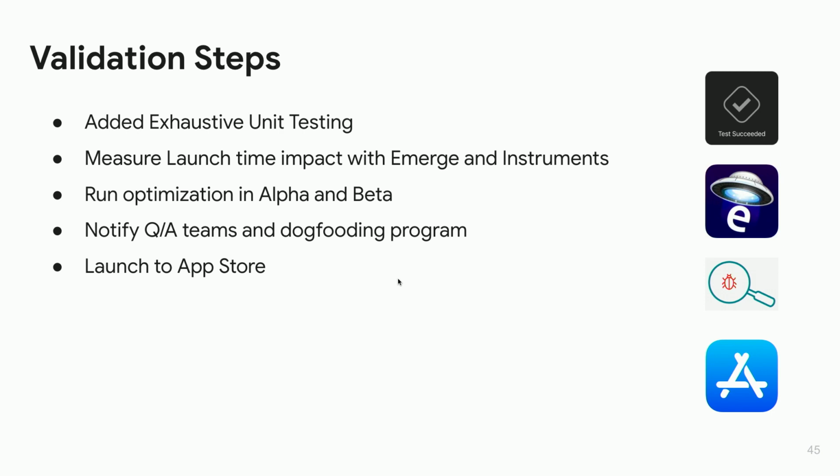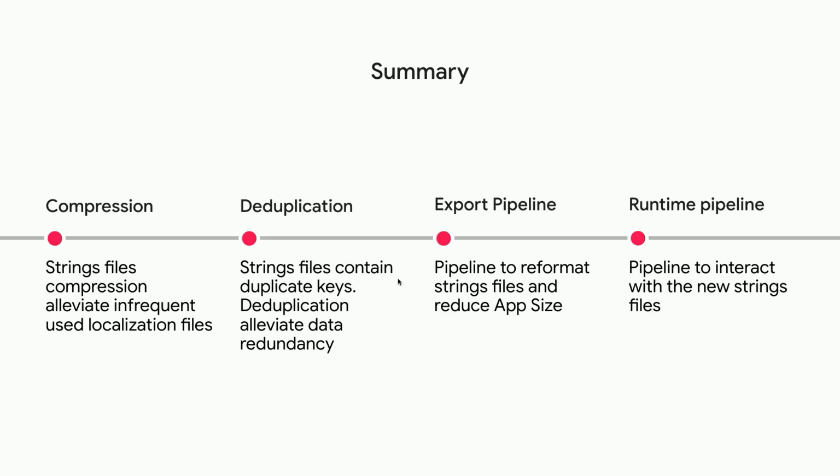After everything went successfully and we noticed no issues, we launched it to the App Store. At the end, those optimizations have been released for quite some time. The first one, the compression step, was launched in 2019. The deduplication was launched in May this year, and they've been working perfectly.